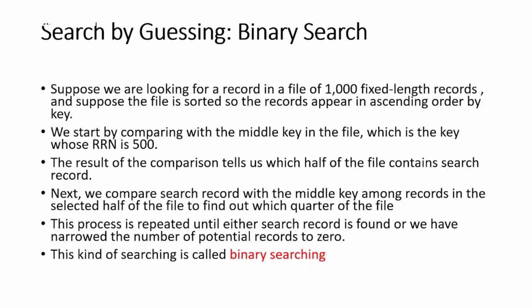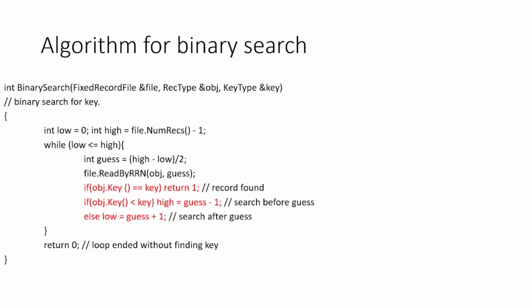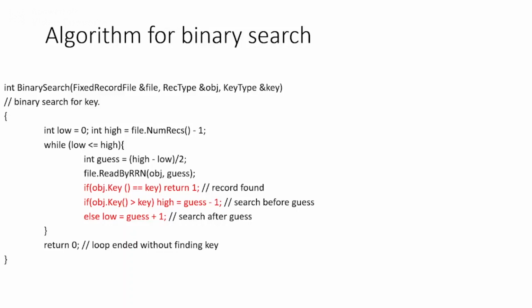Let us go through the algorithm of binary search so that the concept will be more clear. Here we are going to take a binary search function, and we are going to pass parameters like file, object and key. We are going to do the binary search procedure for the records stored in the file.